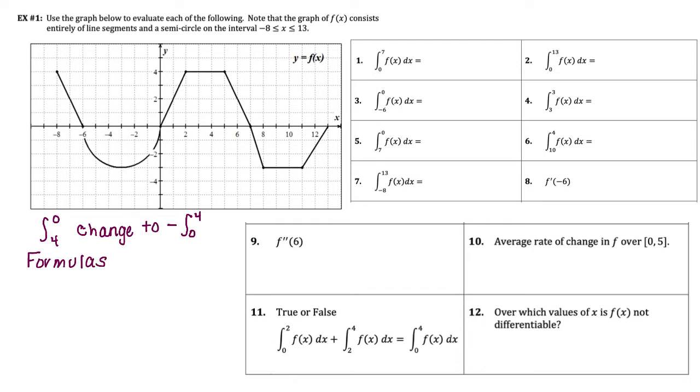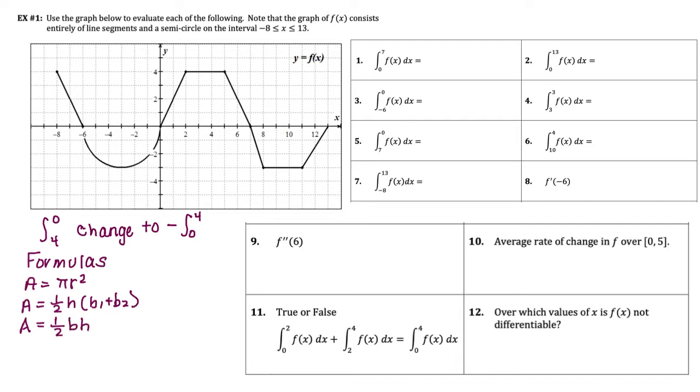Formulas that we need to remember: we have the area of a circle is pi r squared. The area of a trapezoid, 1/2 the height times the sum of the bases. You also need to know the area of a triangle. That's going to be 1/2 the base times the height.